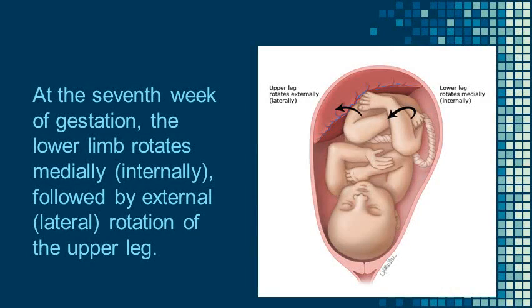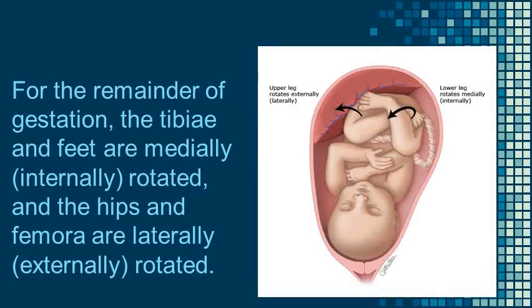At the 7th week of gestation, the lower limb rotates medially, followed by lateral rotation of the thighs. For the remainder of the gestation, the lower limbs are medially rotated and the hips and femora are laterally rotated.